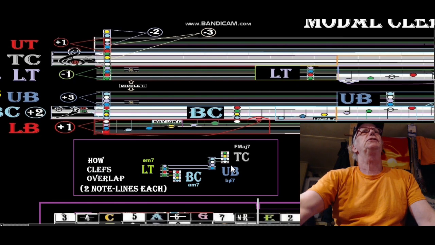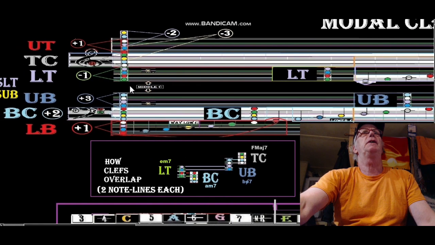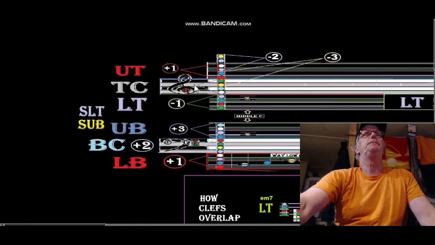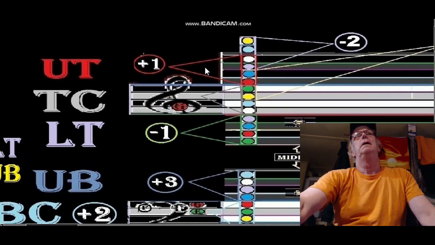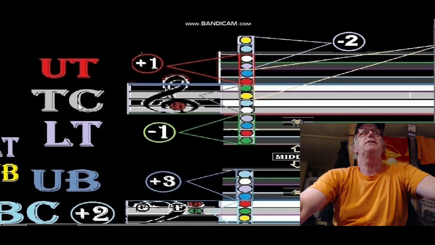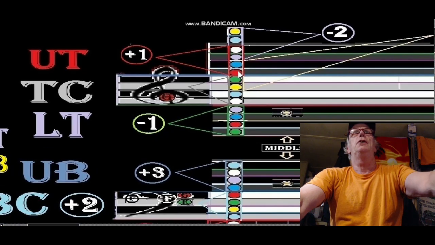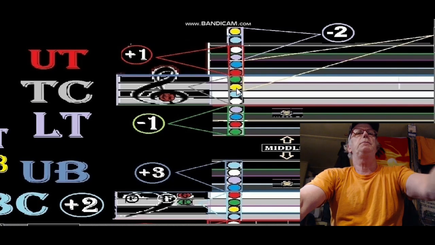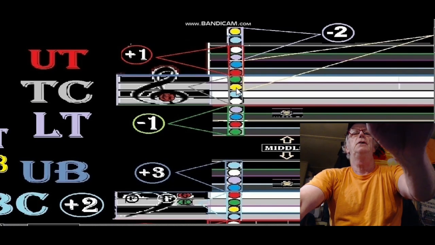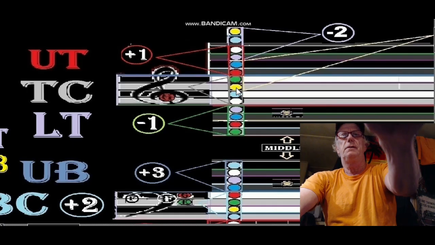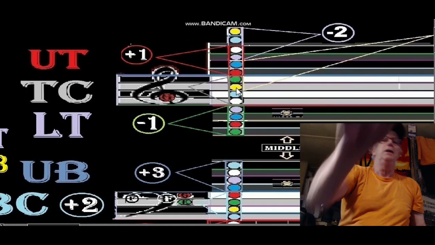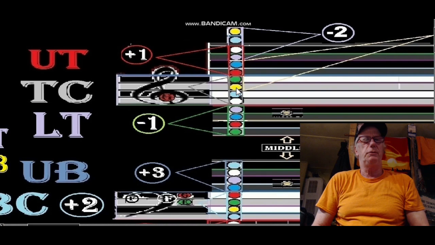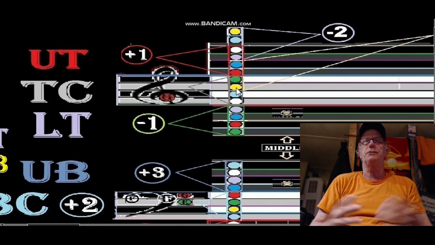So first let's study the clefs we have right here. I have the colored note stack here. We have our treble clef, TC for treble clef. Where's middle C? Right down here. Mostly in my videos we've been playing whatever we want as long as it's the right notes.